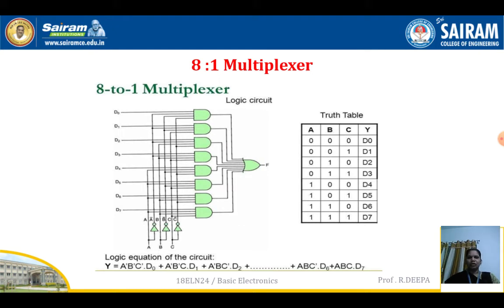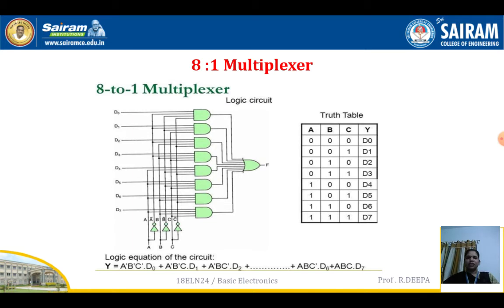The truth table of this 8:1 multiplexer depends on the select lines. The truth table shows which input line we are going to select. If the select lines are 0, 0, 0, we select the data input line D0 as the output.